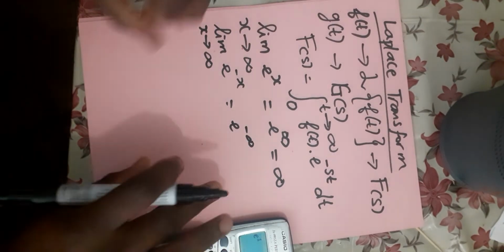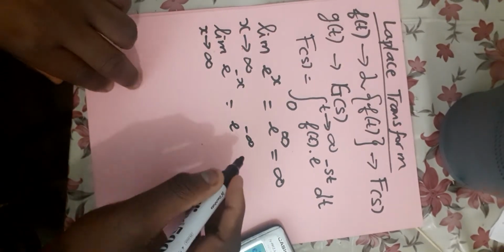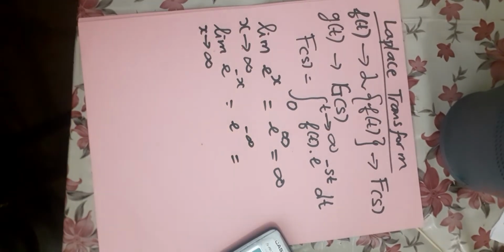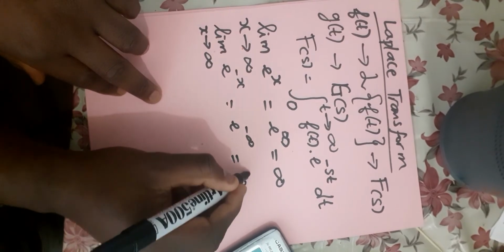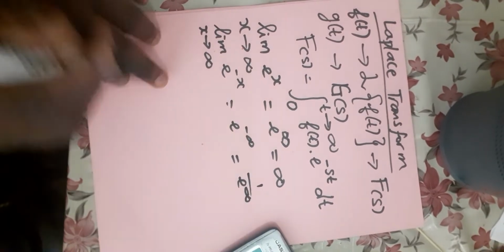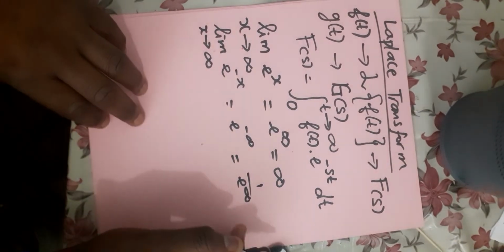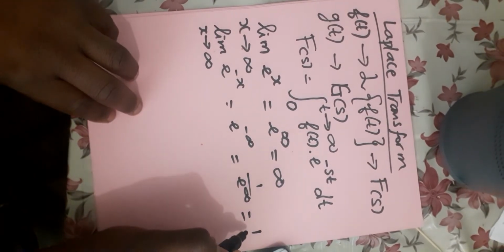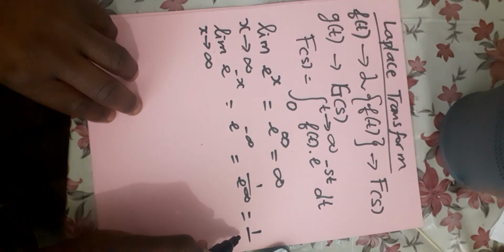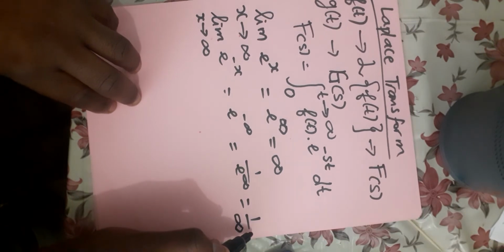But this is the same as 1 over e to the power infinity, and this is the same as 1 over infinity, and 1 over infinity tends to 0. I want you to know that.